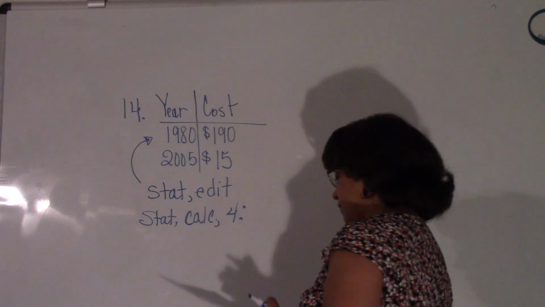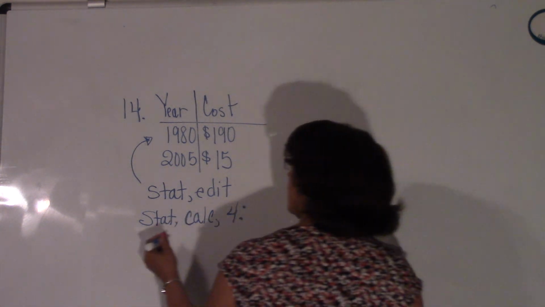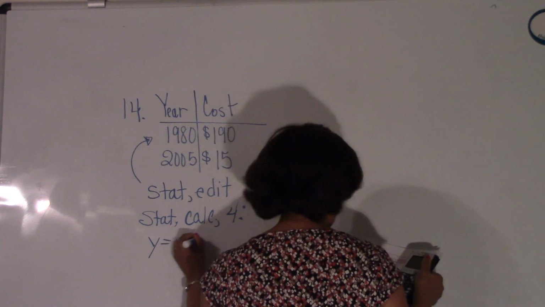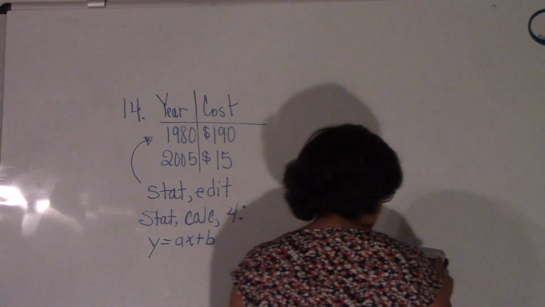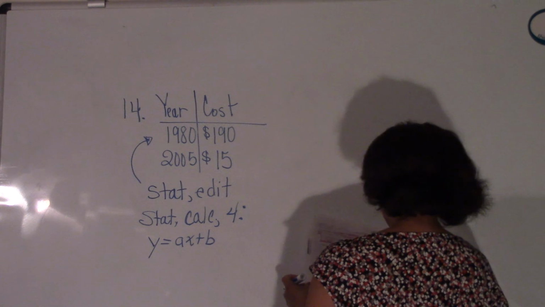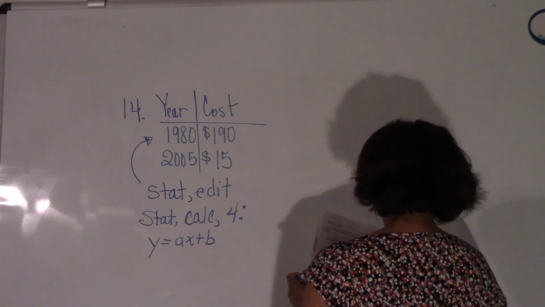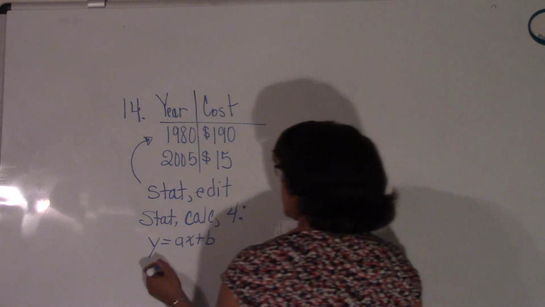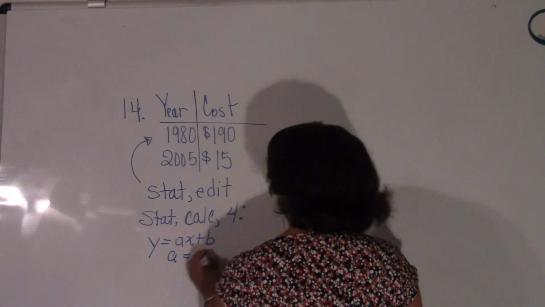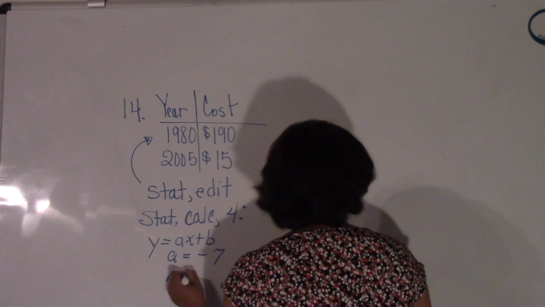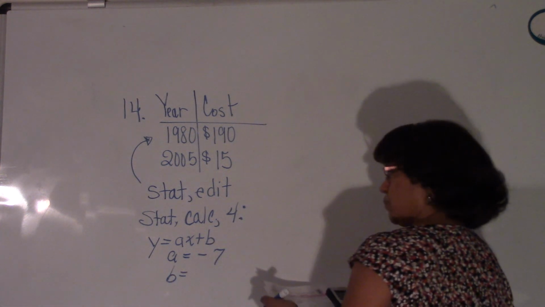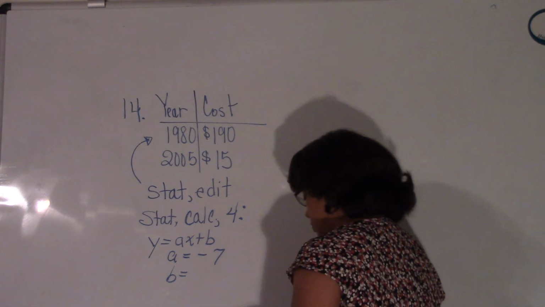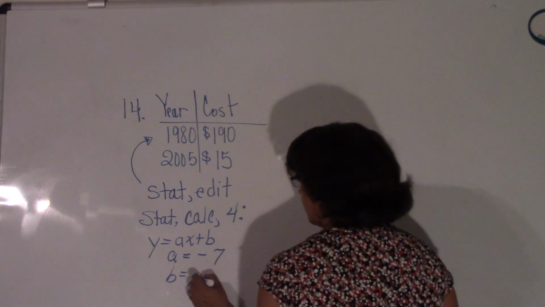So here we have our y equals ax plus b, and then we actually have our equation. a is equal to -7, and because it depreciates, the value goes down, b is equal to 14050.